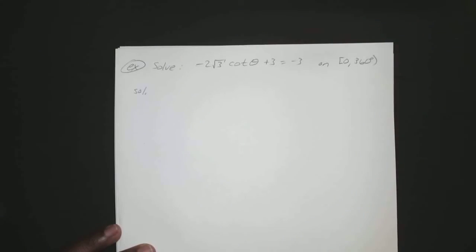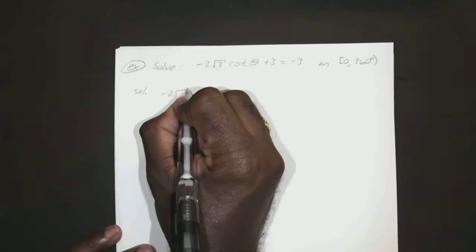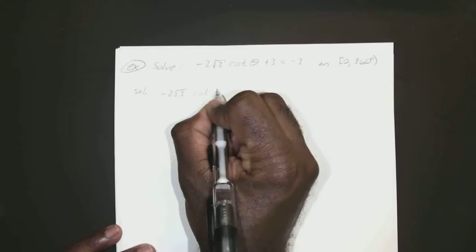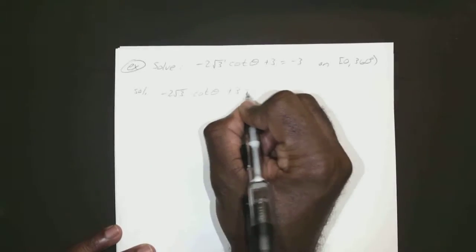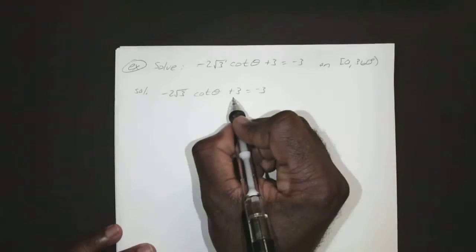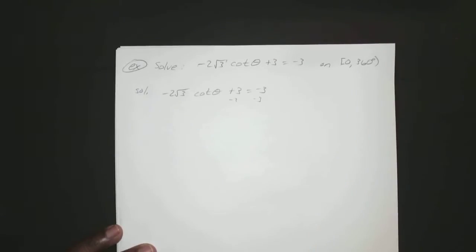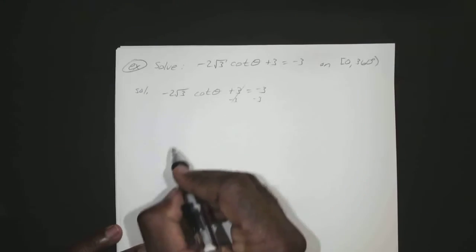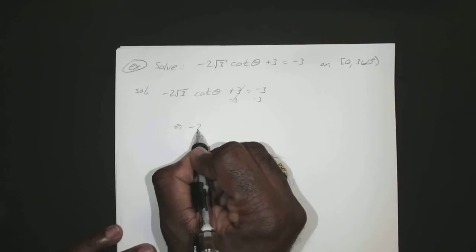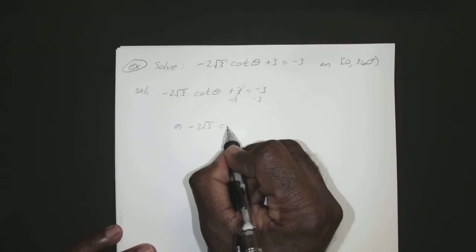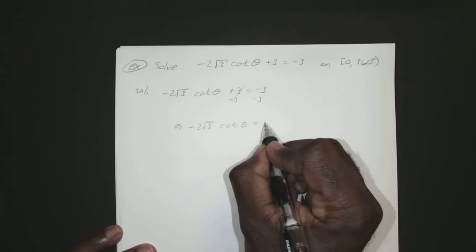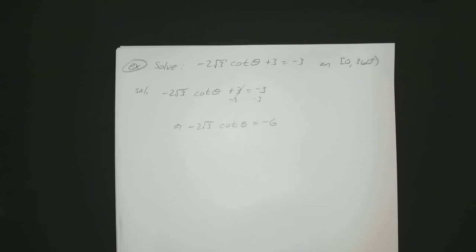Okay, so once again, we just solve for our cotangent of theta. So -2 square root of 3 cotangent of theta plus 3 equals -3. We subtract 3 from both sides. So we have -2 square root of 3 cotangent of theta equals -6.